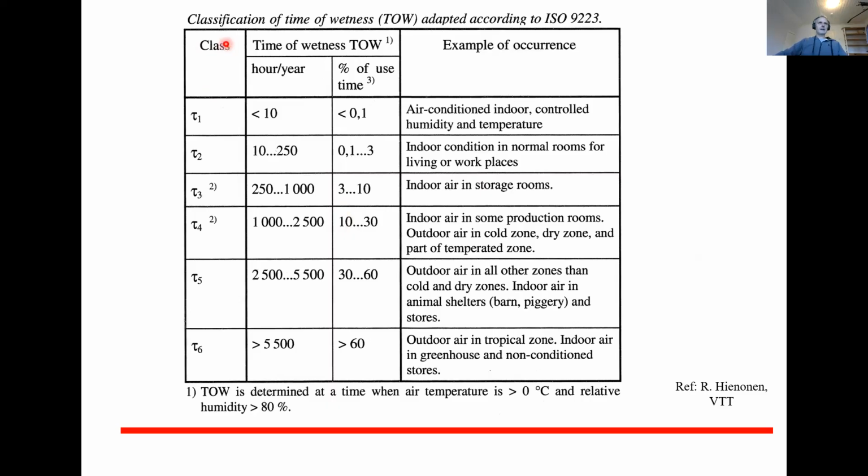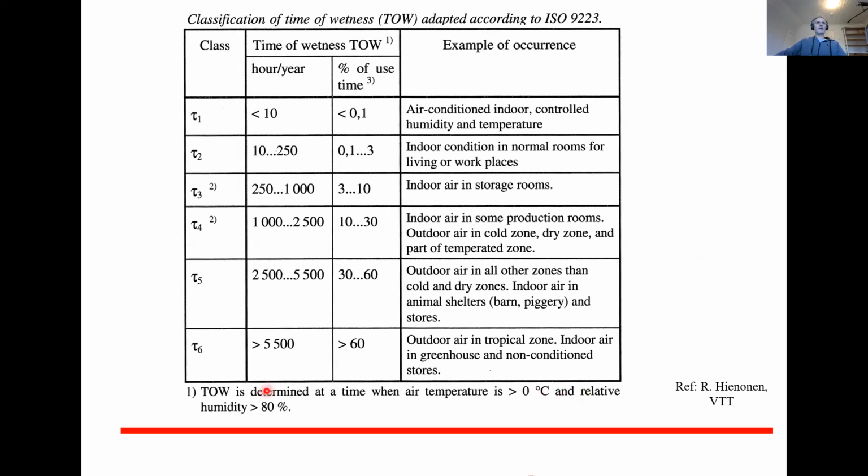And now in this left column, we see 6 different categories from tau 1 to tau 6. This value is based on the time of wetness. It means how many hours per year, or what percentage of the use time, the conditions are such that the temperature is above zero, because of course below zero we have ice, we don't have liquid water, so that slows down, for example, corrosion reactions.